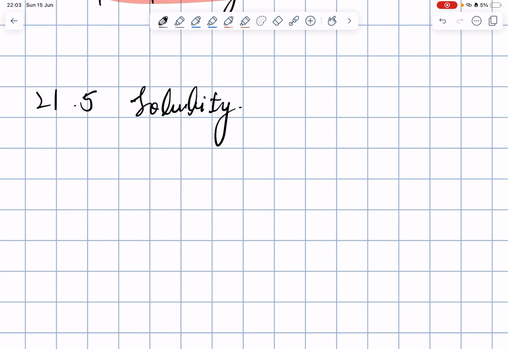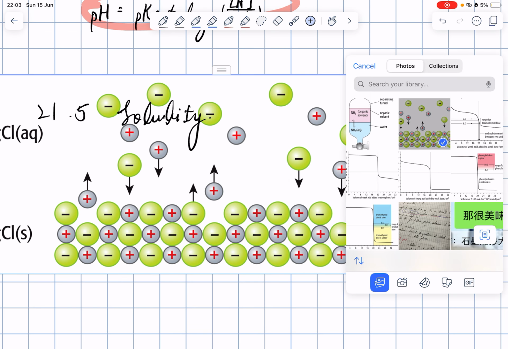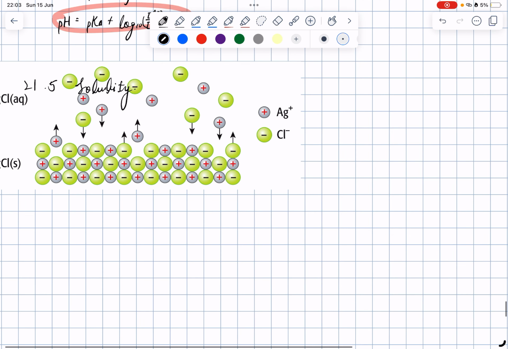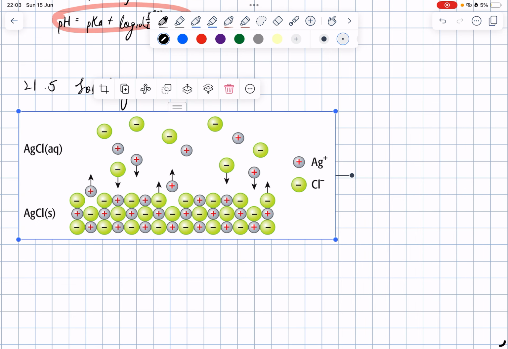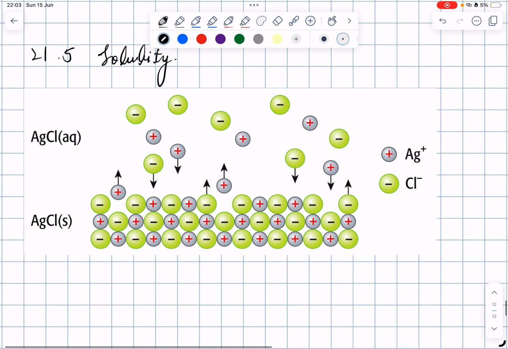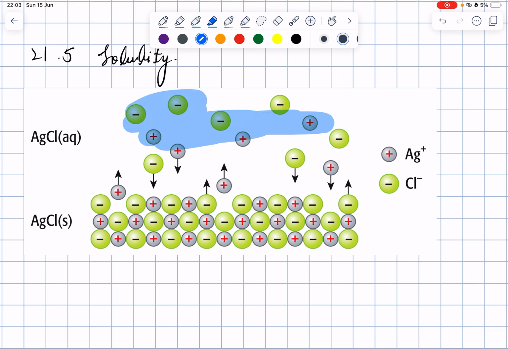As predictable, I'll give you another graph here. This graph illustrates how a solid dissolves in solvent and forms an equilibrium like this. This is a picture using silver chloride as a good example. You can see in the solution we have these dissociated ions, and these dissociated ions just came back to reform solid from aqueous states.